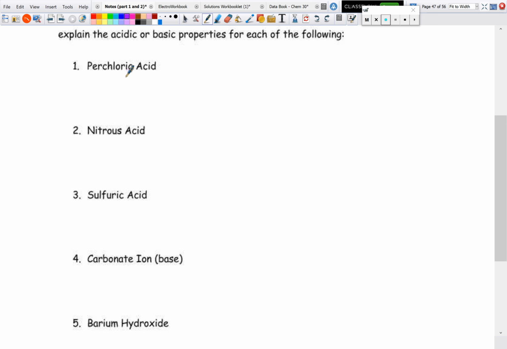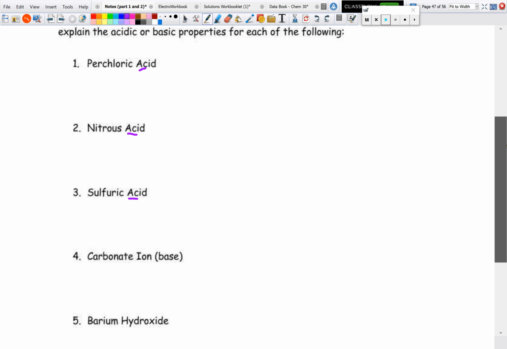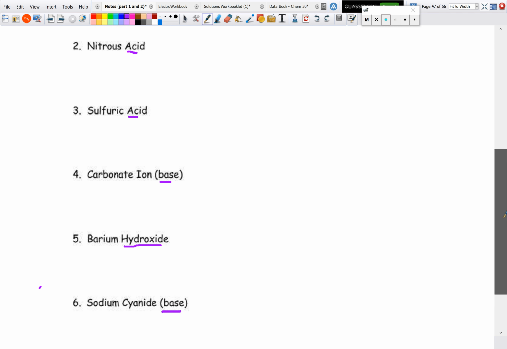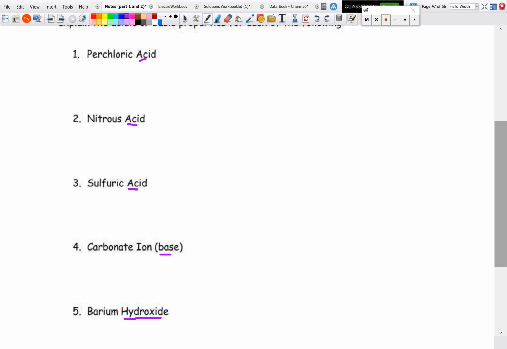So obviously the ones that have perchloric acid, nitrous acid, sulfuric acid, obviously all these here are acting as acids. So make sure to show the reaction with water. And the carbonate ion, barium hydroxide, and sodium cyanide, well, obviously this one here is going to be a base, but the carbonate ion acting as a base, sodium cyanide acting as a base. All right. So just remember you're showing the reactions with water.